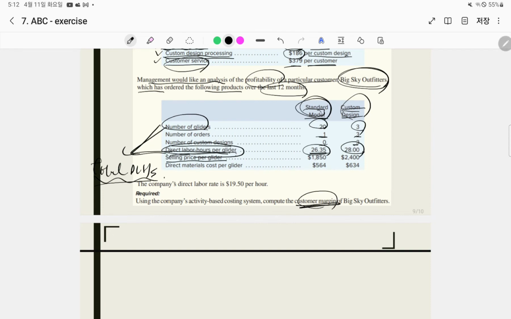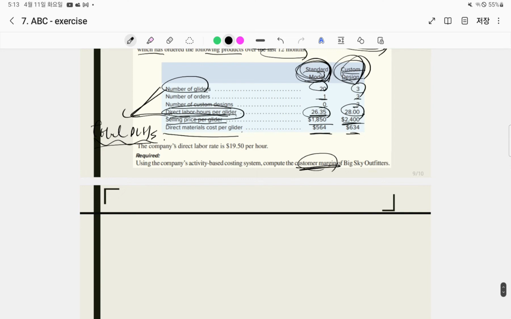Anyhow, selling price per glider is $1,850 for standard model and $2,400 for custom design model. And direct material cost per glider is $564 for standard model and $634 for custom design model. Using the company's activity-based costing system, let's compute the customer margin of Big Sky Outfitters.